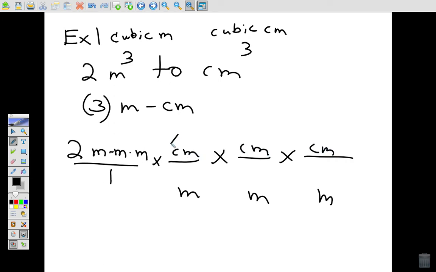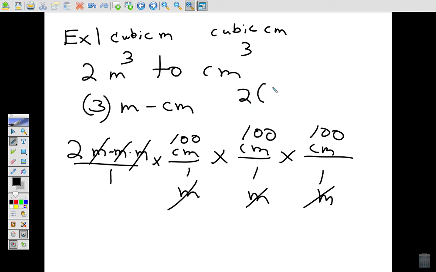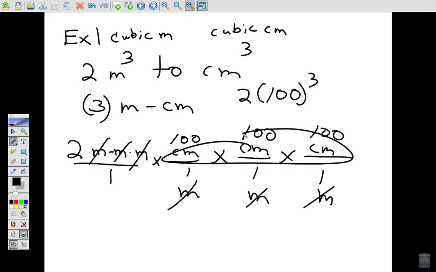I know that there's 100 centimeters in a meter, and I just use that 3 times. And then one pair cancels, second pair cancels, third pair cancels, and we're done. So you have 2 times 3 of those hundreds, and nothing's left in the bottom, but you do have centimeters times centimeters times centimeters, or centimeters cubed, and that's what we wanted, right?